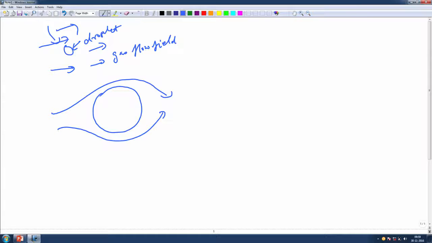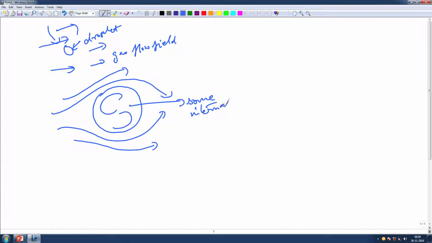Because of this flow field that is created, it is apparent that there will be some motion created inside the droplet, some internal motion, because this is not a solid sphere anymore. So, it is a droplet. That motion happens because there is a relative velocity between the gas and the liquid.